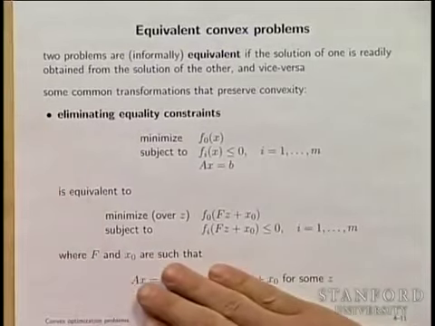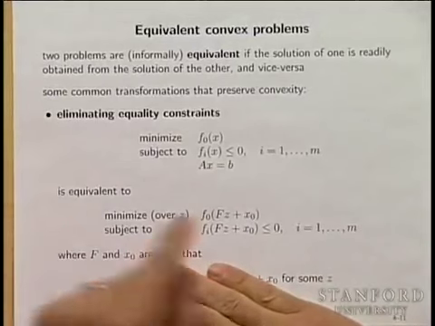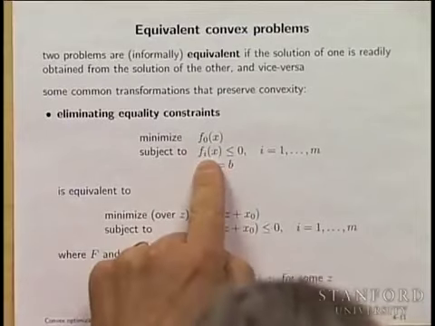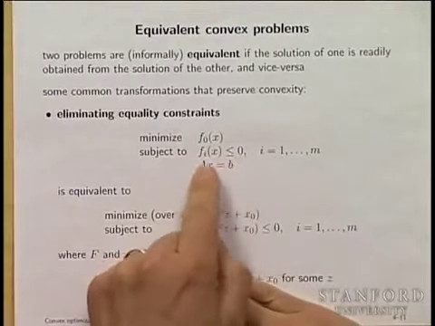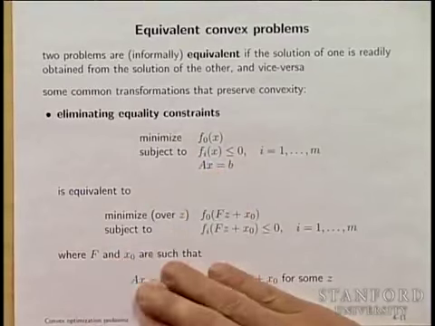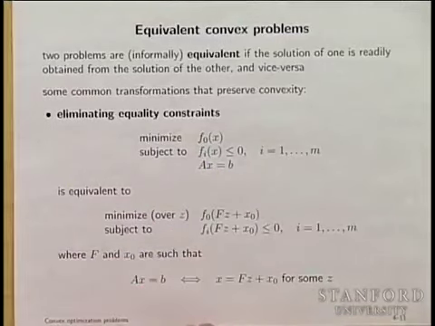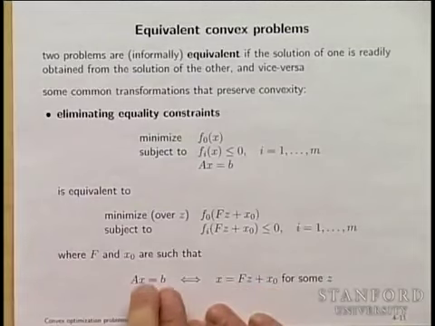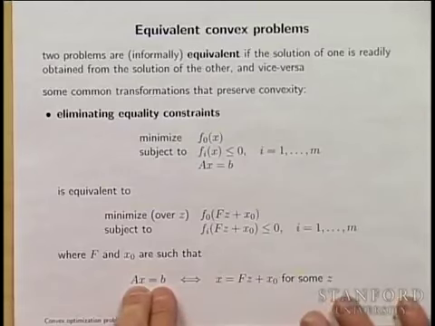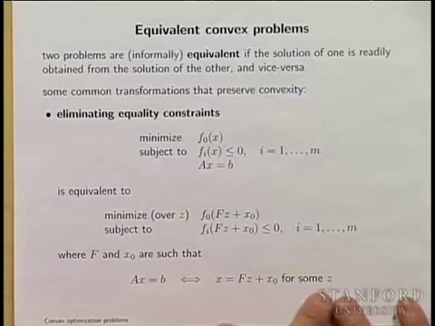Here's one. You could eliminate equality constraints. So I want to minimize f0 of x subject to fi of x less than 0 and Ax equals b. I could eliminate these. And the way I do that is I find a matrix F and a point x0 so that Ax equals b is equivalent to x having the form Fz plus x0 for some z.